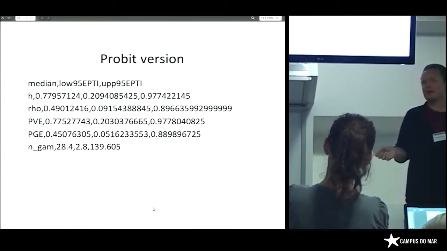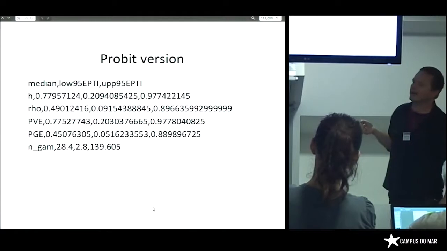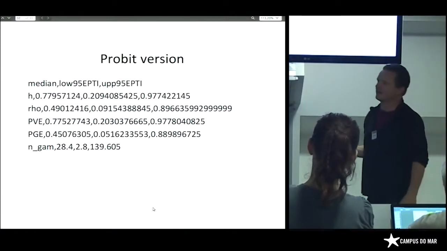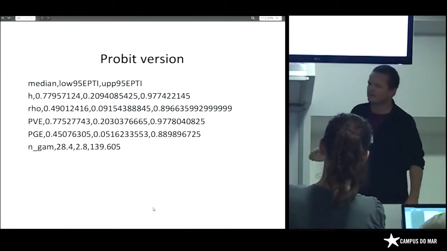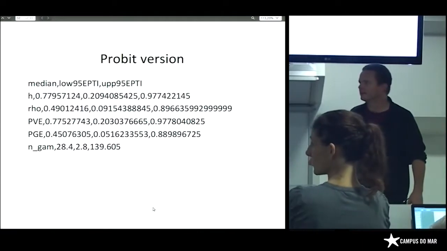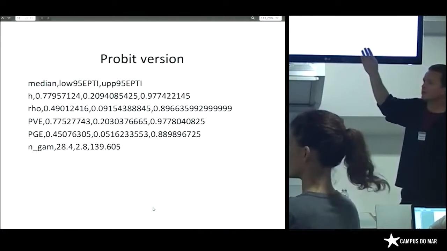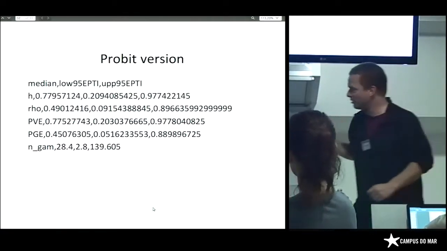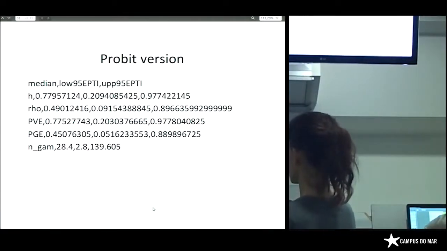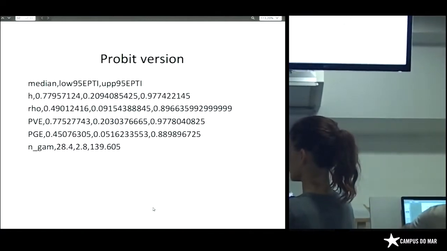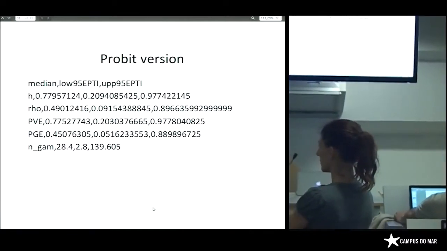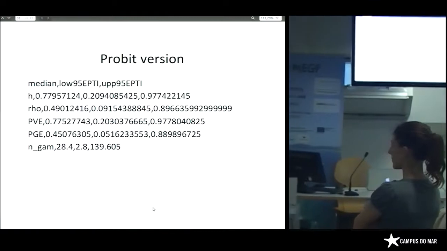So this is probably much closer to the truth in that we don't have an association with our phenotype with these data. What did we exactly change? So we ran a probit model. Before, we ran a linear model.